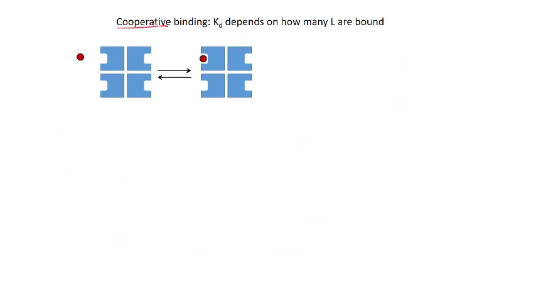Now let's look at a different situation. We're going to talk about what's called cooperative binding. So I'm just going to tell you what cooperative binding is right out of the gate.